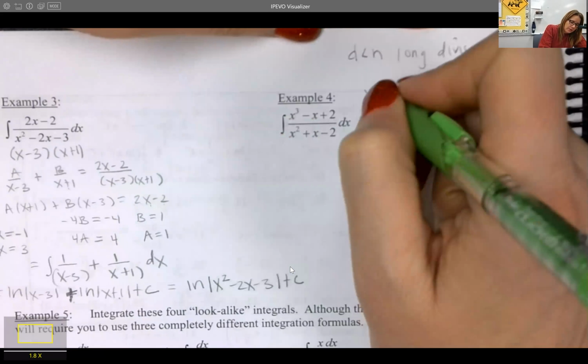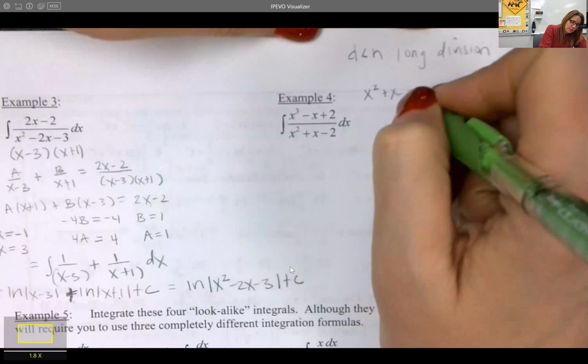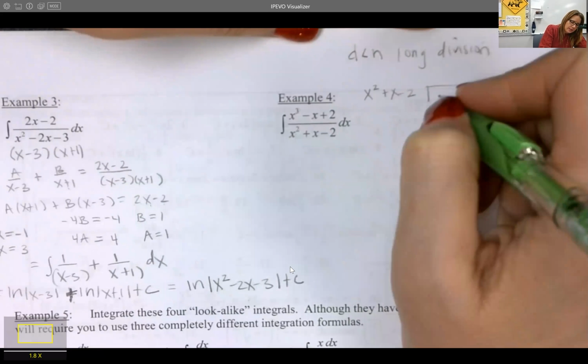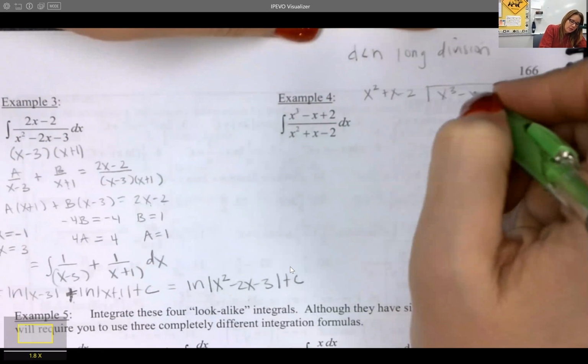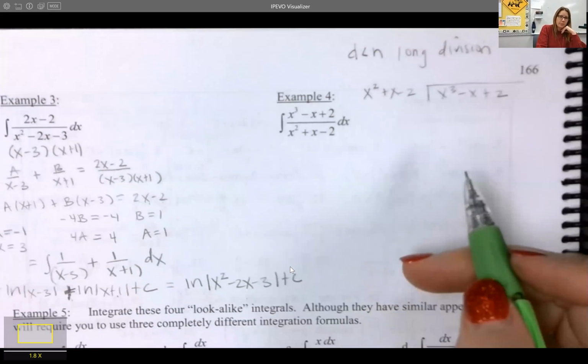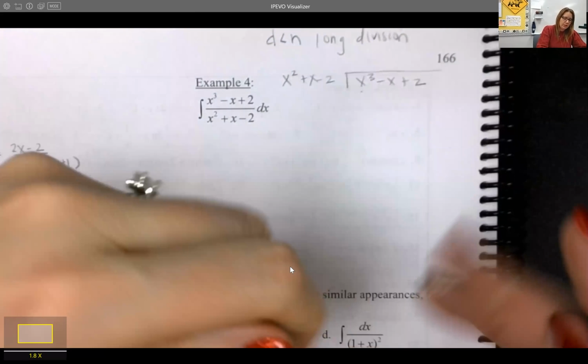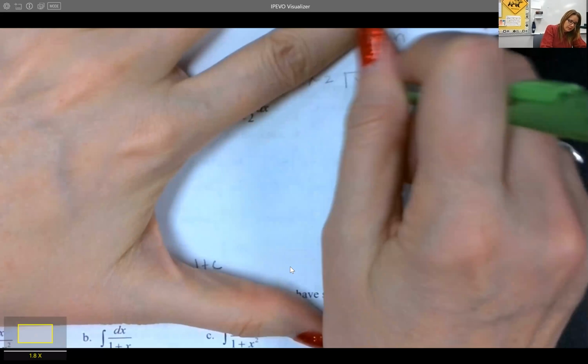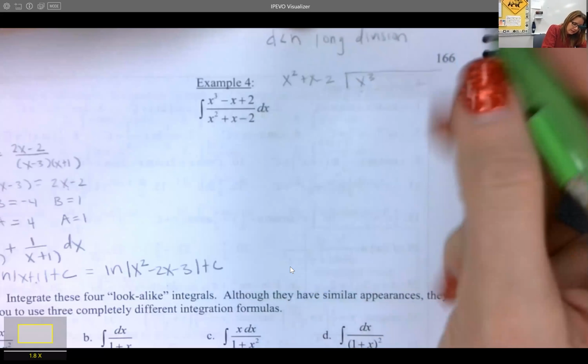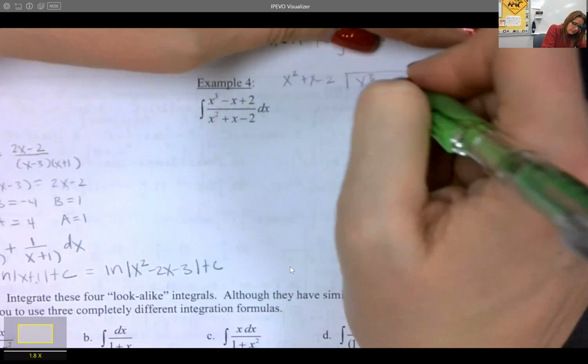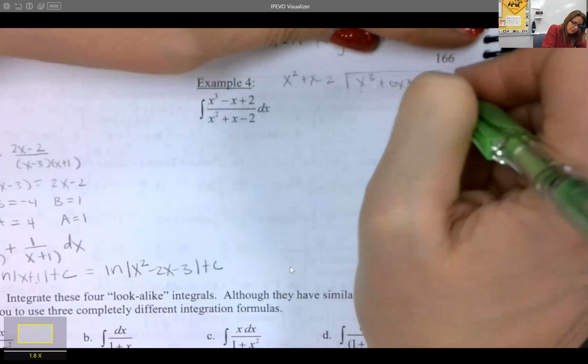So I'm going to go x squared plus x minus 2 divides into x cubed minus x plus 2. Be really careful here, because this goes x cubed and there's a missing x squared, so I'm actually going to write it there so that that's easier to see when we finish this.